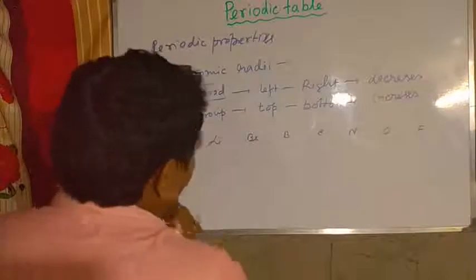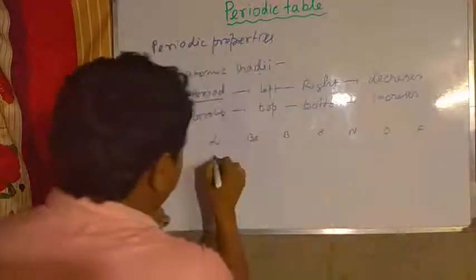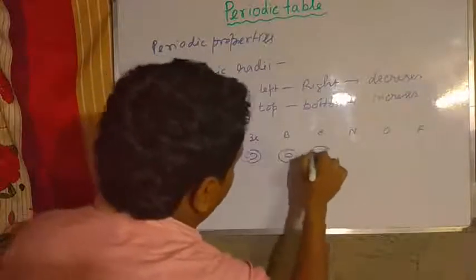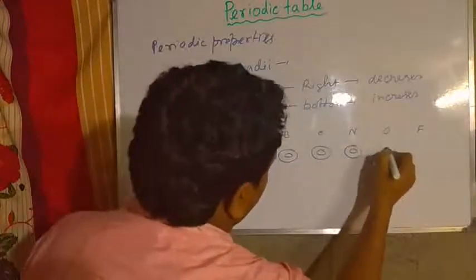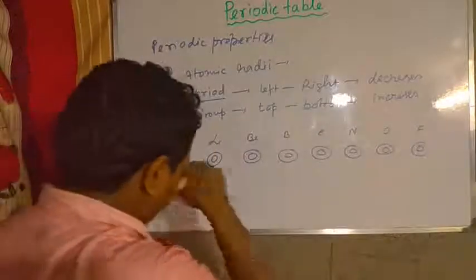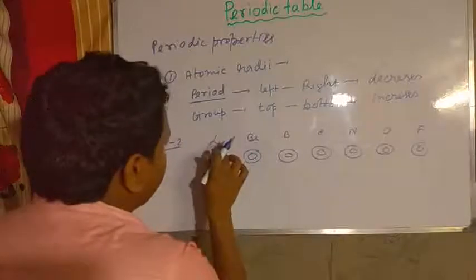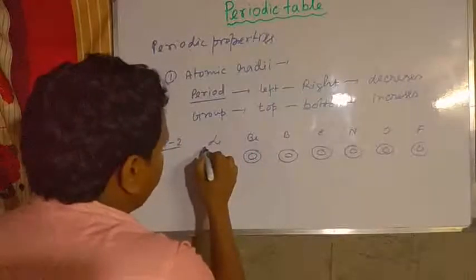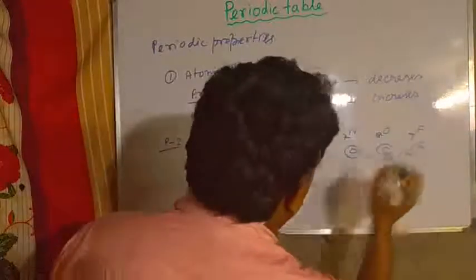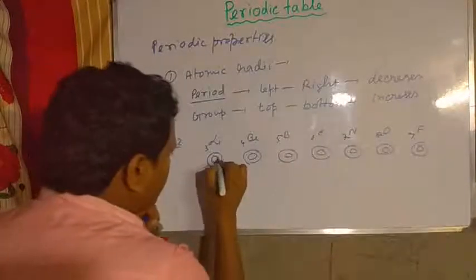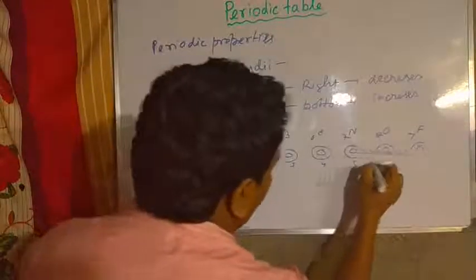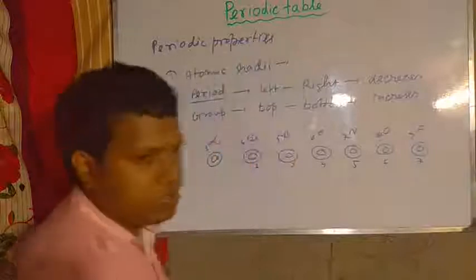So all of these are in period 2, so they have 2 orbits each. Now the atomic number of lithium is 3, then 4, 5, 6, 7, 8, 9. So in the first orbit there are 2, and in the outermost shell 1, 2, 3, 4, 5, 6, 7.